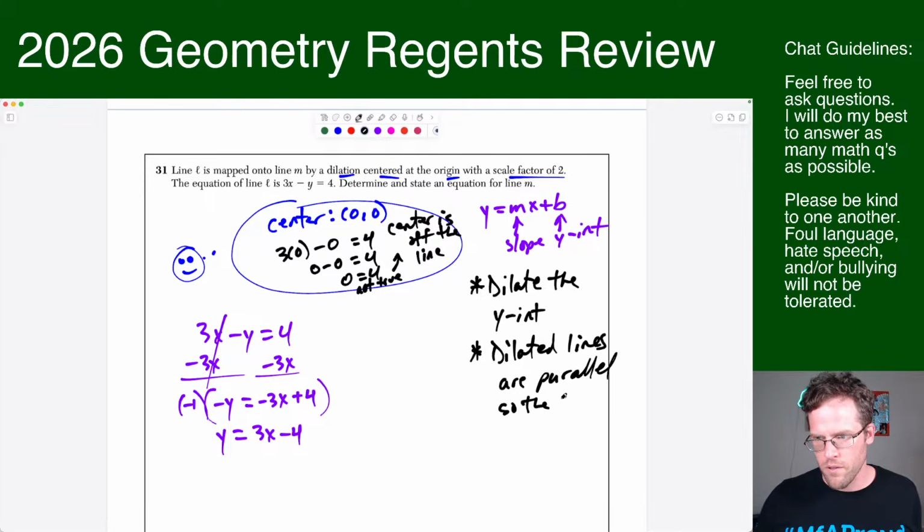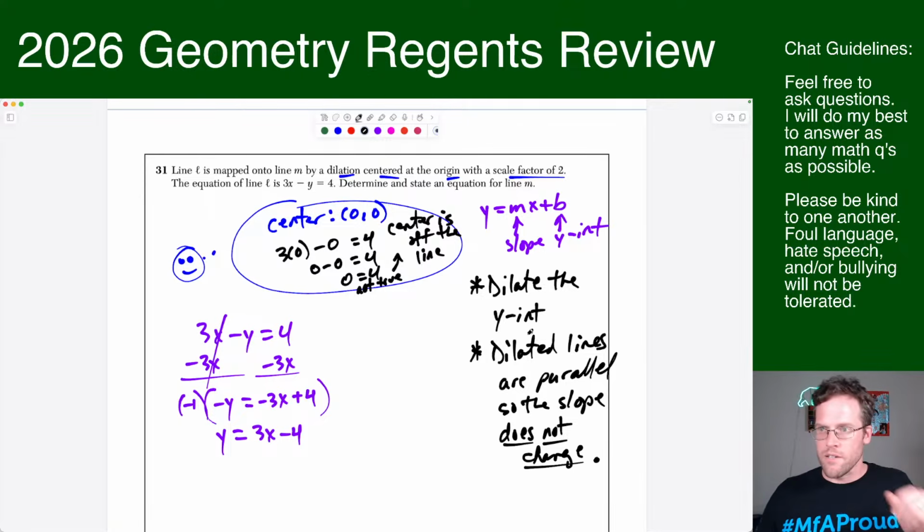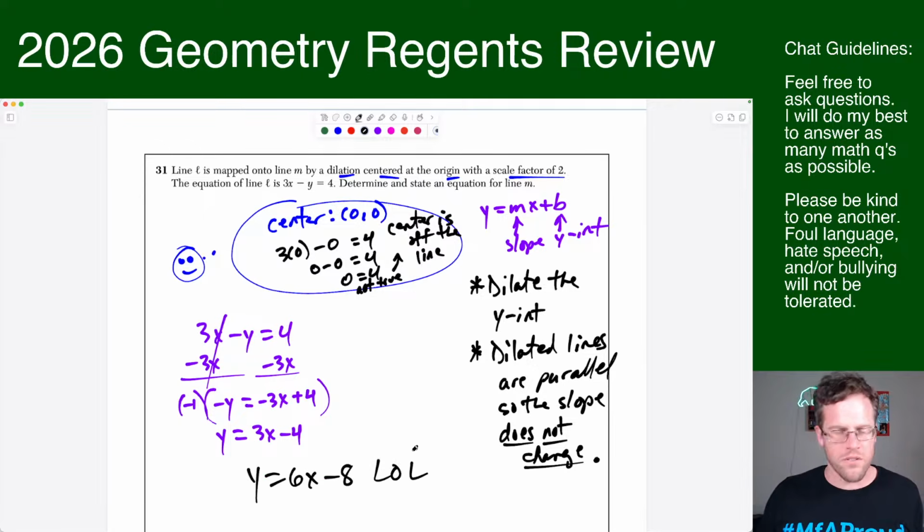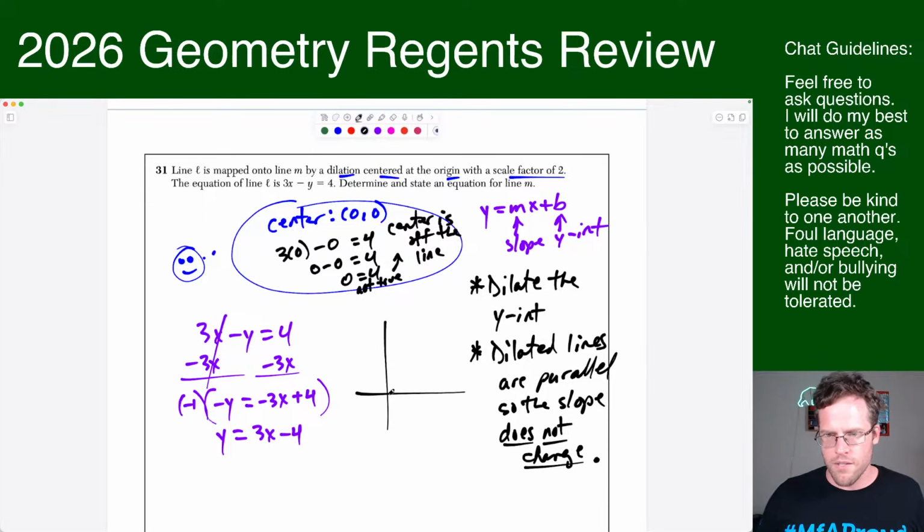So the slope does not change. The most common mistake in the world is when they scale by factor 2, kids go, oh, y equals 6x minus something. Like, please don't do that. Bear trap. That's really bad. Don't just double anything. The slope stays the same.